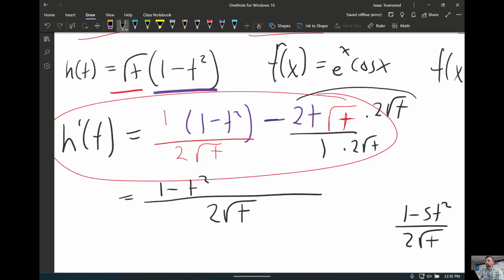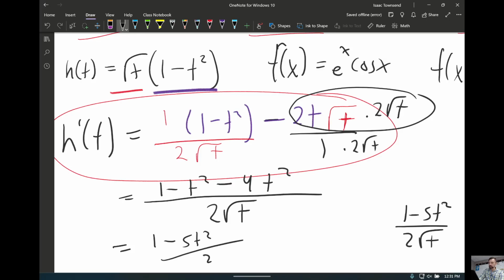Over here, if I multiply this mess of stuff, I've got a minus 2 times 2t times the square root of t times the square root of t. What did those come out to be? Okay, very good, t squared. And then I'm left with 1 minus t squared minus 4t squared, so that's minus 5t squared. And now it looks like that. So now we can quit.